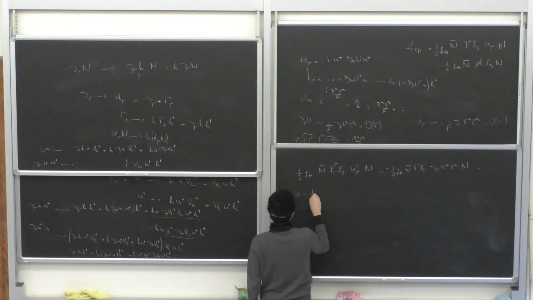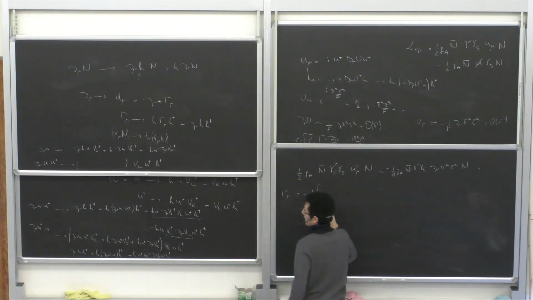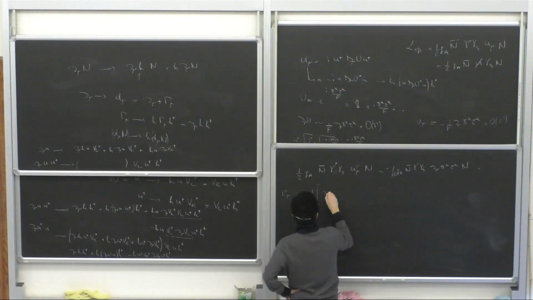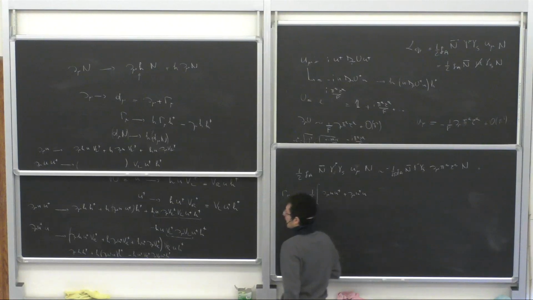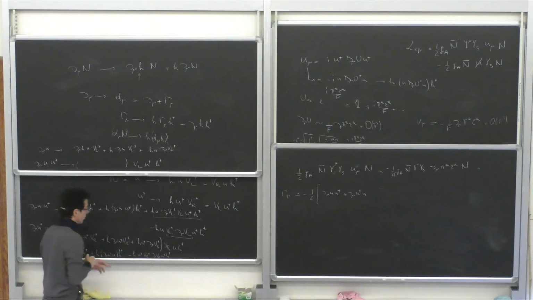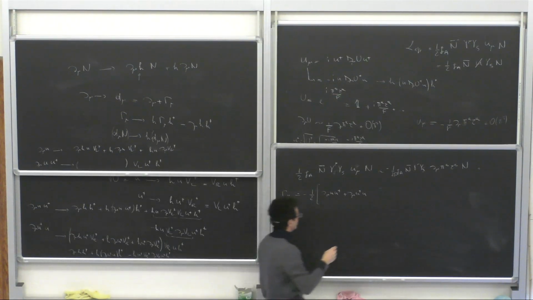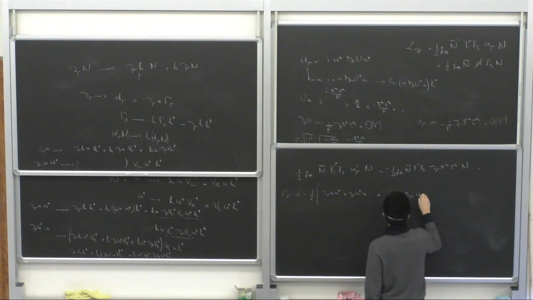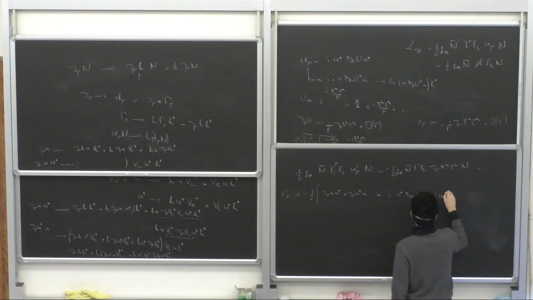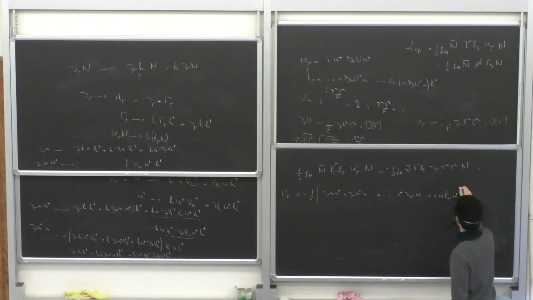So I have to make minus 1/2 and then d_mu U dagger plus d_mu U dagger U, and then I have to include factors of the sources: i U cross R_mu U plus i U L_mu U cross.